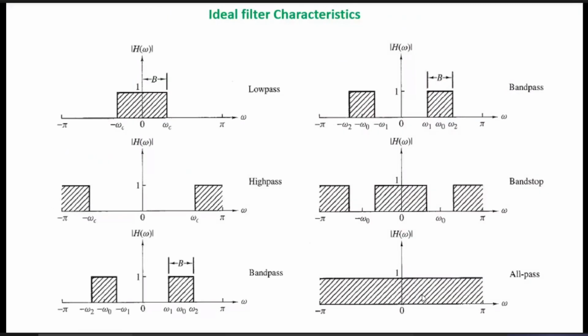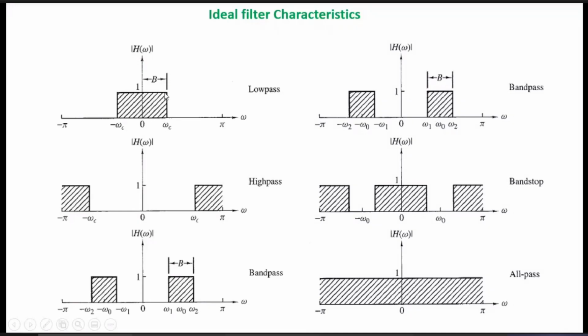Now in the diagram we see the shapes of different filters. You can see the first one is called low pass. It has high gain near zero frequency or low frequencies, and up to the cutoff frequency omega c it has high gain, that is gain 1.